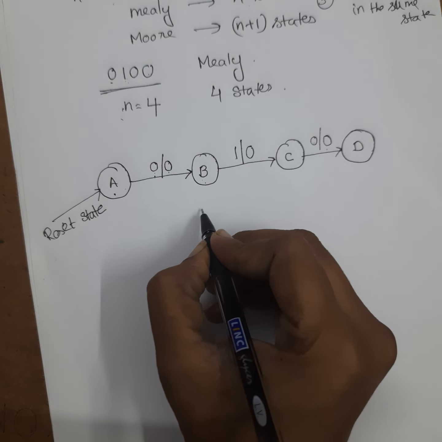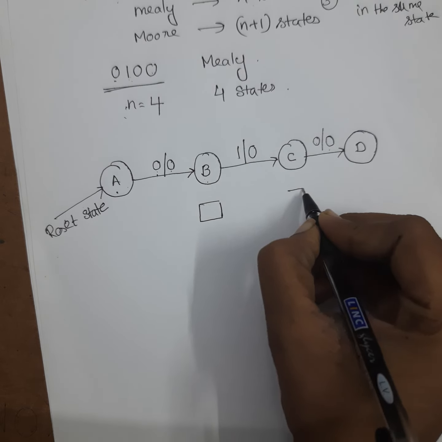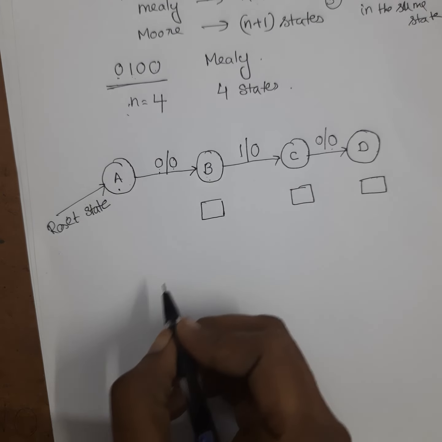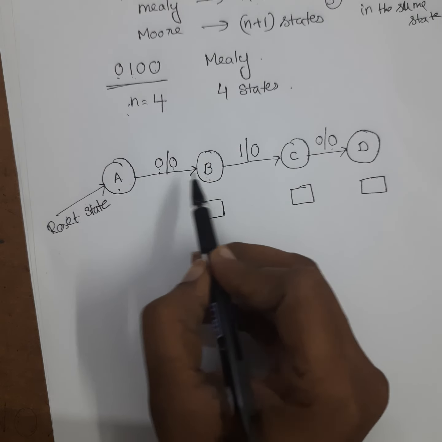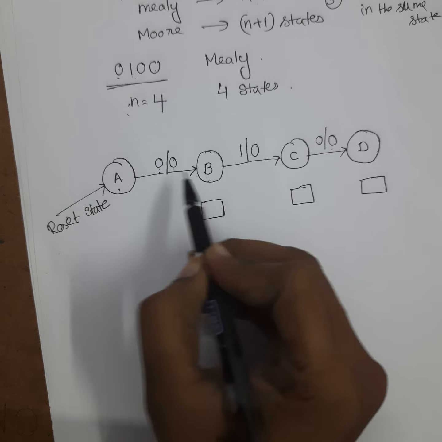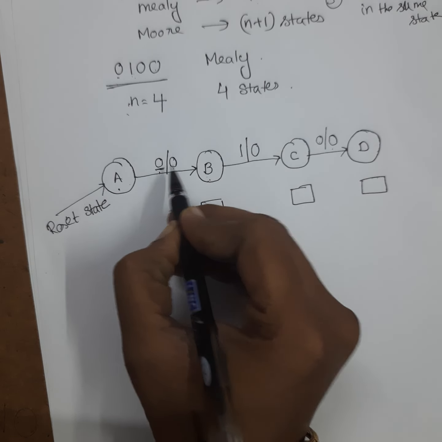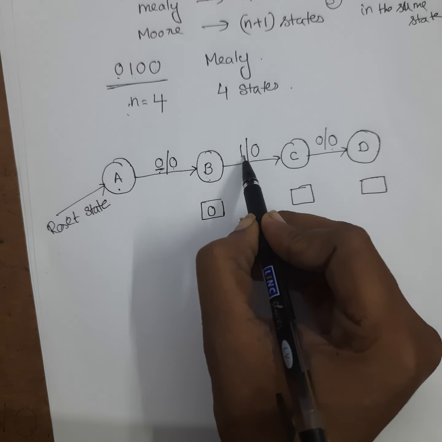The next step is we have to write small square boxes under the states. Write the bits detected by each state. So for state B the bit detected is 0. For C, the bits are 0 and 1.